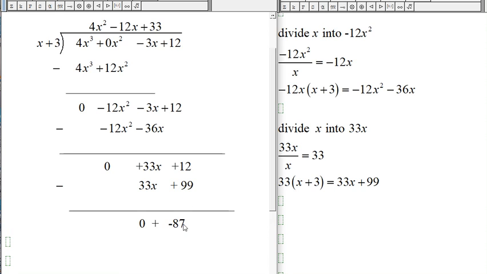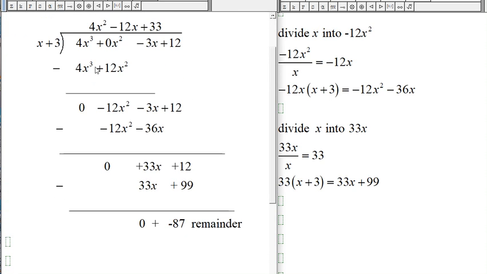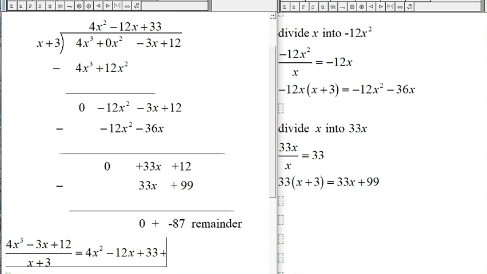And negative 87 is what we call the remainder. And so we would write the remainder like this. Therefore this quotient is equal to all of that plus the remainder, and the remainder is negative 87 divided by x plus 3. So that's how we would write the remainder.